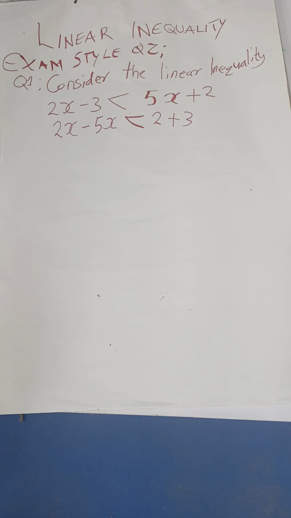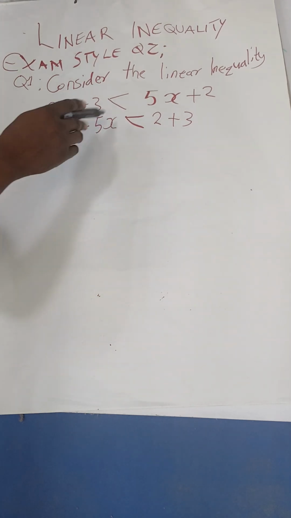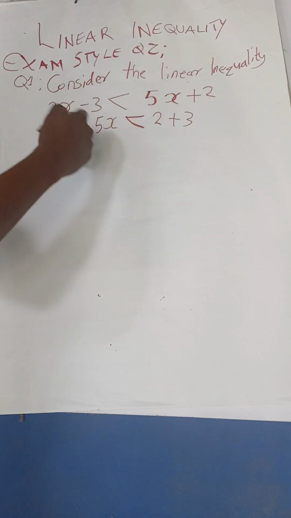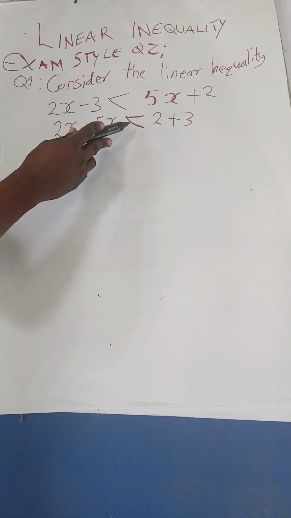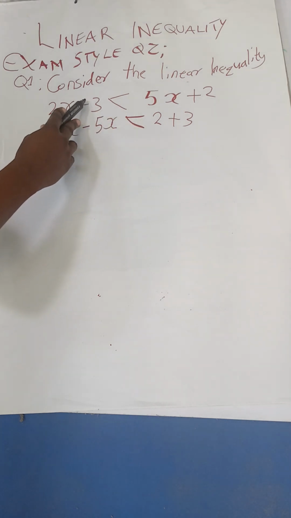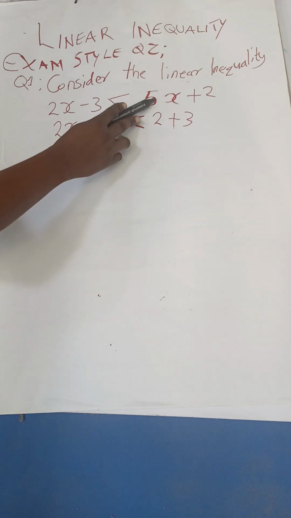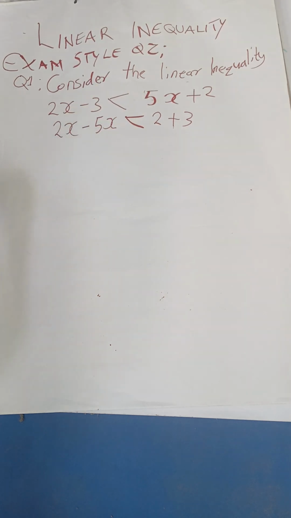Good. So you have seen the other thing I want to emphasize here. When a value crosses to the other side, the sign changes. The 2 was positive, and when it crosses this sign, it will be negative.